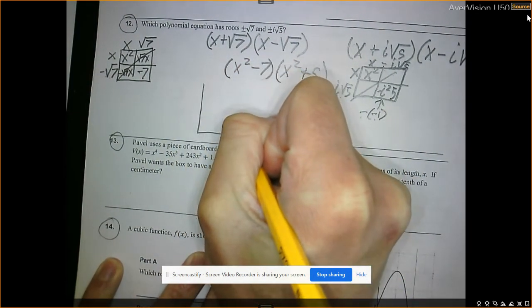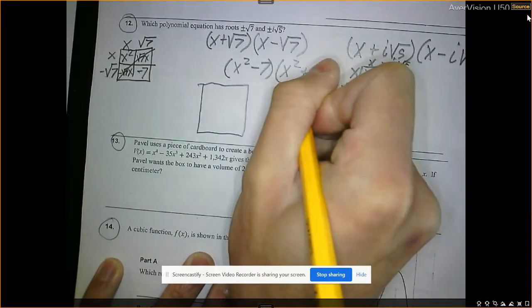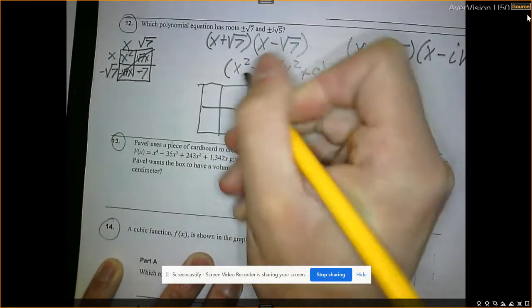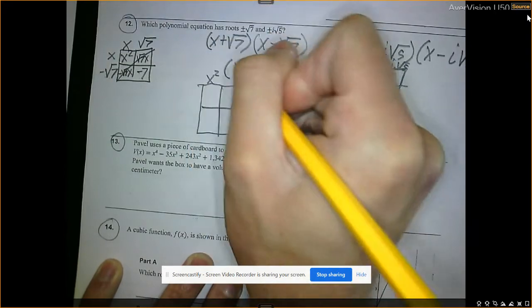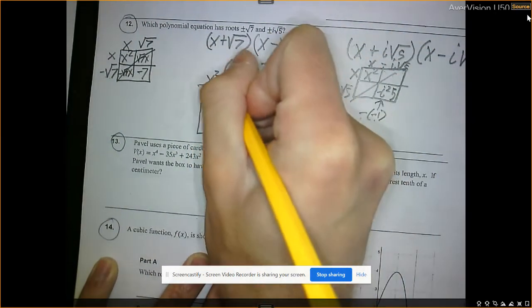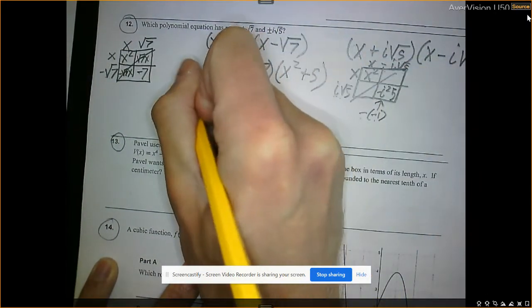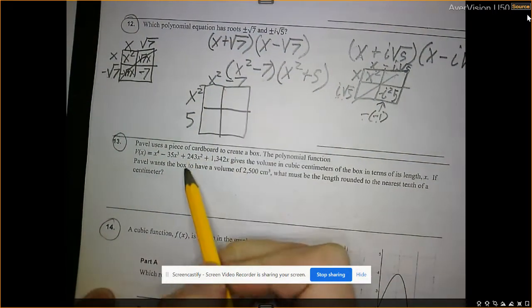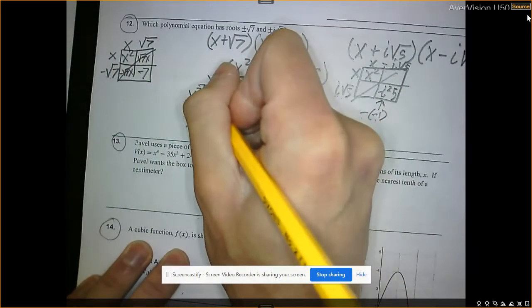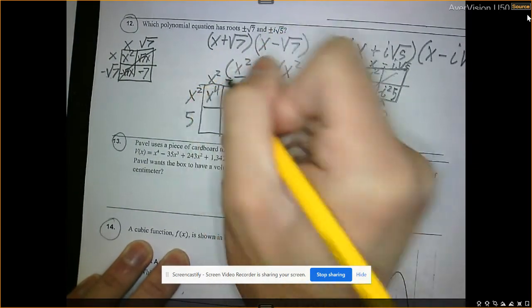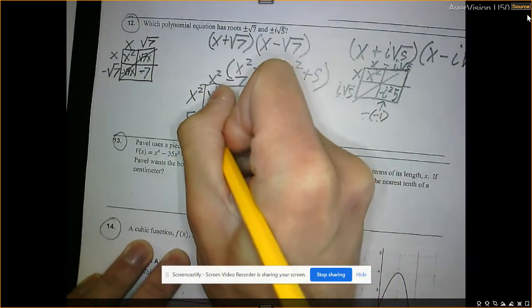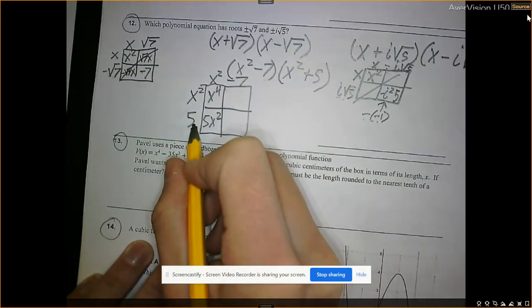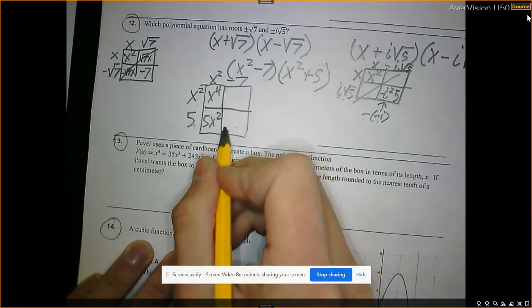And then lastly, to find my final polynomial, I need to multiply these final two out because it's going to be multiple choice and they're all going to look completely in standard form like that. So I have an x minus 7 times an x squared plus 5. Hopefully you don't need me to show this, but I can do it quick. x squared times x squared, that's x to the fourth. x squared times 5, 5x squared. 5 times a negative 7 is what's over here.